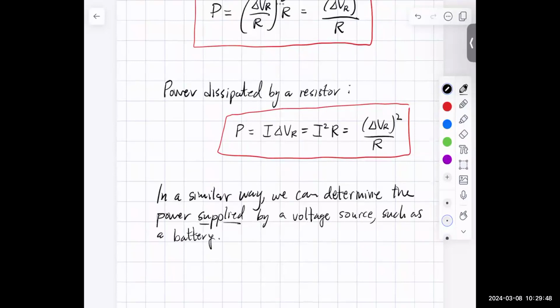We'll see a little closer to the end of the term that there's other sources of voltage besides batteries. And so if you have another source of voltage, you would calculate its power in exactly the same way that we're going to find for the battery.